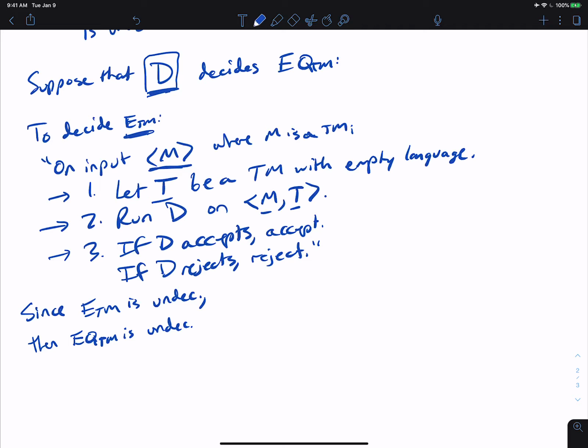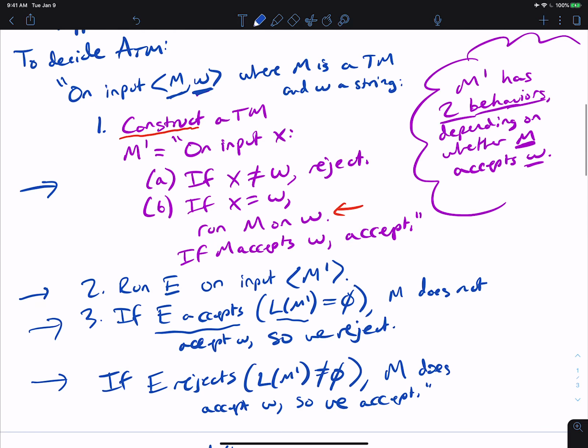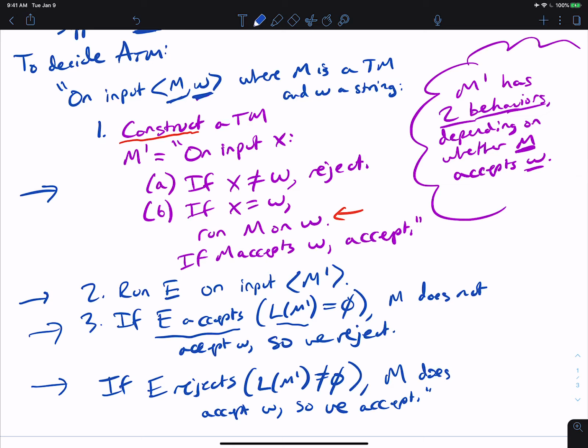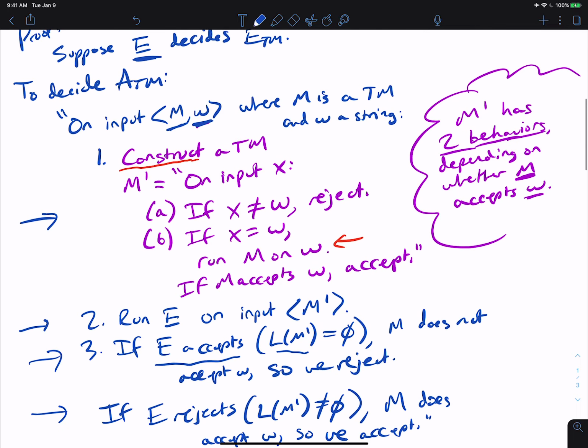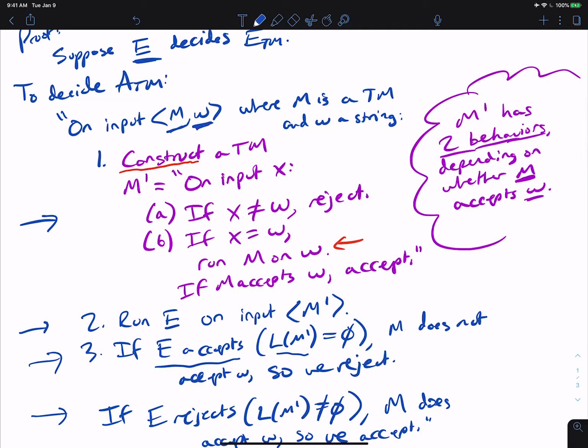Cool. So where are we at now? Here we could do something like this, where we suppose a language is decided by something, and then try to decide an undecidable problem.